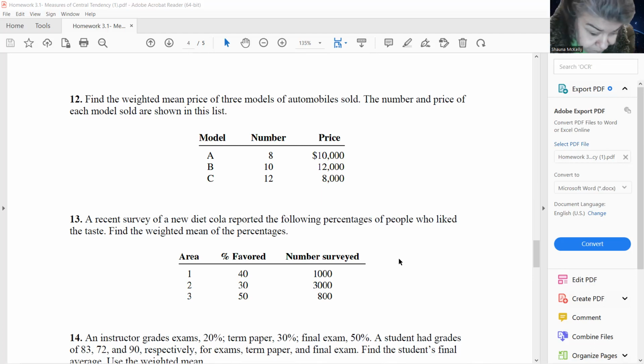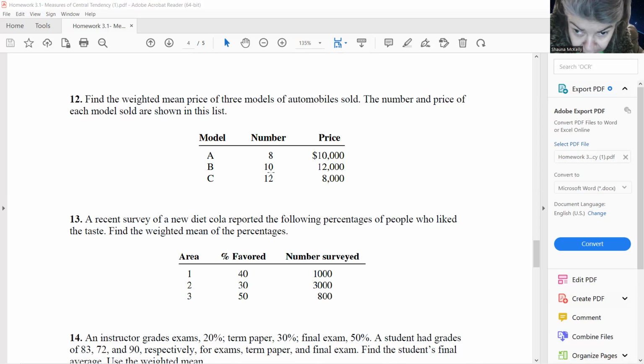So here, we're going to start our calculation by multiplying the price by the number. Then we're going to divide by the weight. Well, what is the weight? Find the weighted mean price of the model.